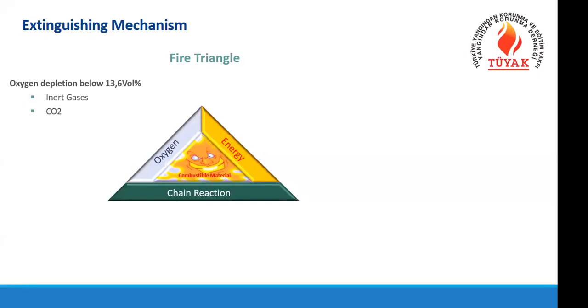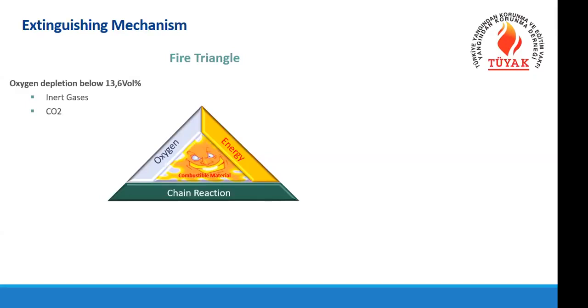So when we use inert gas like argon, nitrogen, or their mixes, or CO2, we are trying to reduce the oxygen rate inside the room or area below 13.6%.